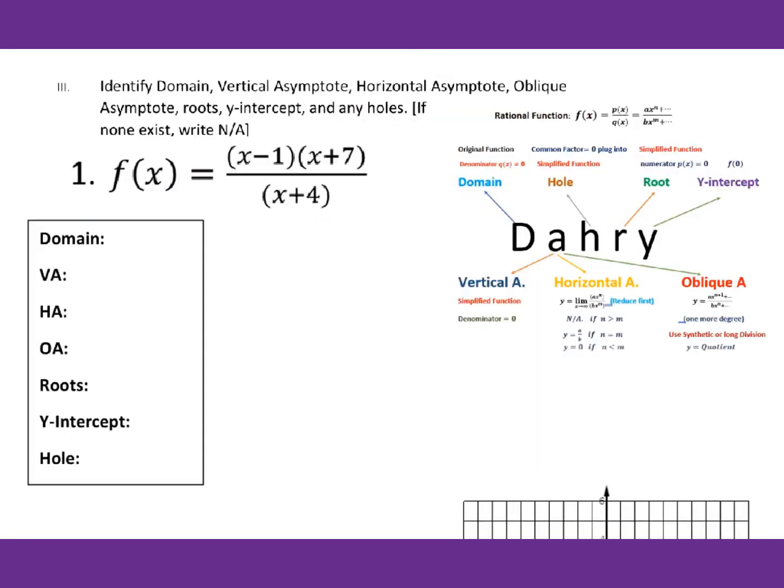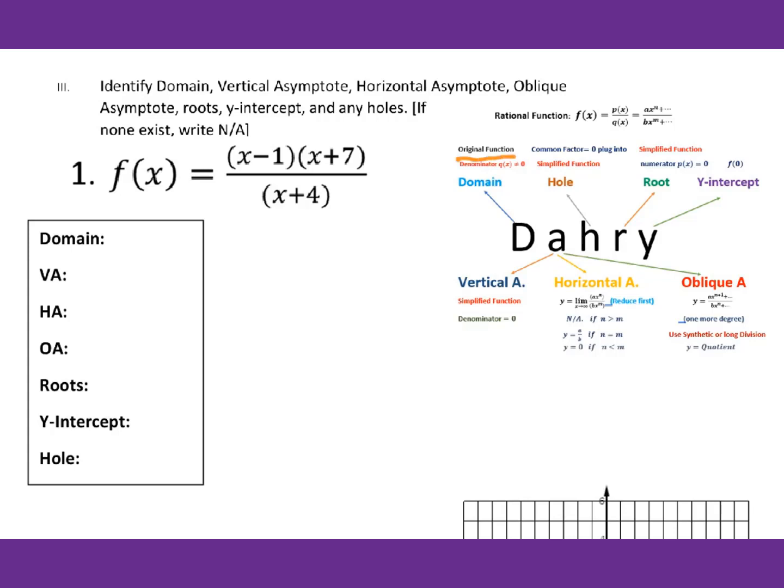For number 3, identify 7 properties of rational functions. For number 1, f of x equals x minus 1 times x plus 7 over x plus 4. For domain, since we didn't reduce any common factor including x, domain and vertical asymptote line will be the same.